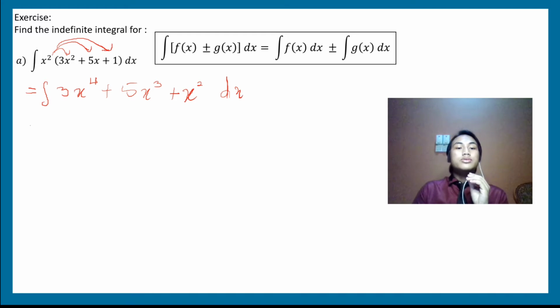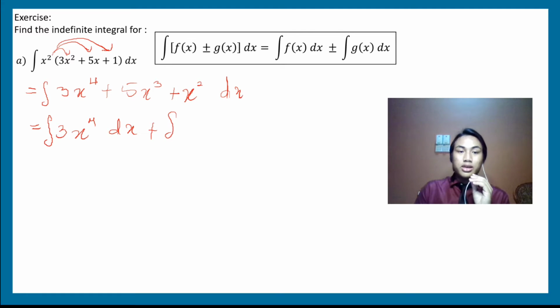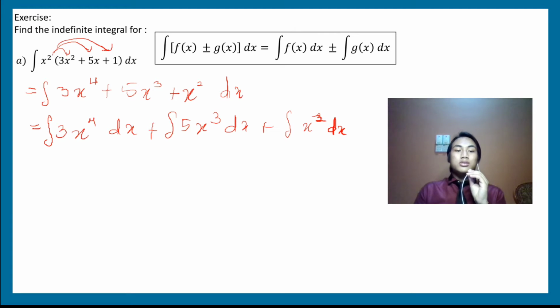All right, and when we separate it using this formula, we can use this plus the integral of 5s cubed ds plus the integral of s squared ds. So is it easier for you to write?